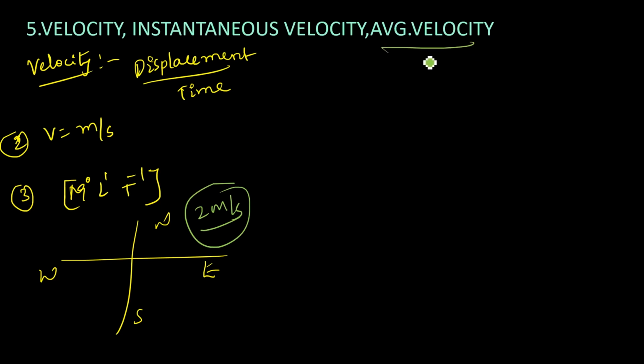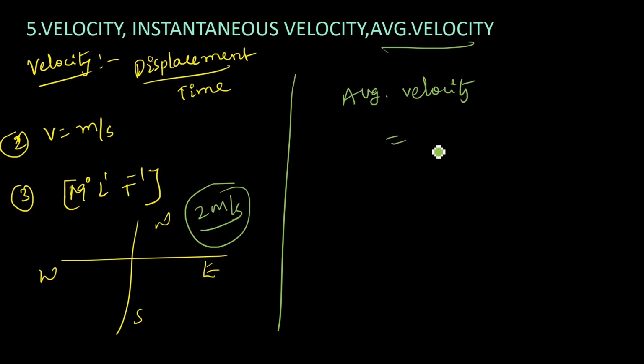Next one, average velocity. So what is the average velocity? The average velocity is nothing but the net displacement or the resultant displacement by time taken. So V bar direction will be showing S bar by T. The resultant. So that is only difference. Rest of the things are same.